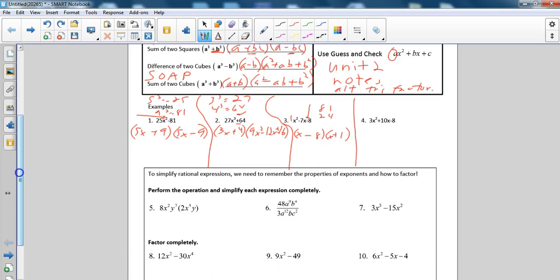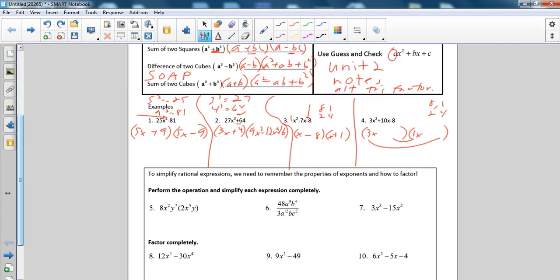On number 4 here, now we have some guessing and checking. Still, since this is a prime number, it has to be 3x times 1x. Now with the 8, it's going to be 8 and 1, 2 and 4. Again, here's where the guess and check comes in. The way I do it is, I suggest you do some little lines here, and then go ahead and fill in your numbers.